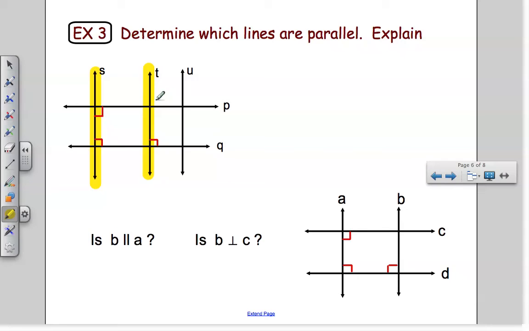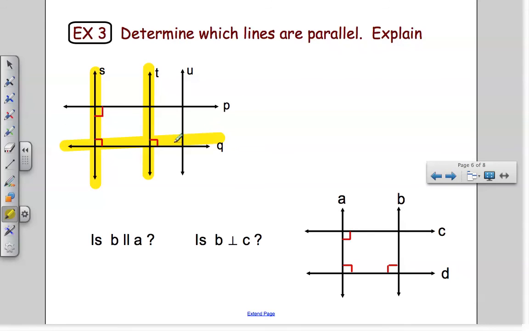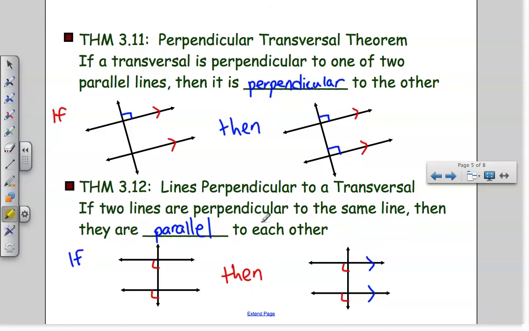Now, is one of these transversals, either P or Q, perpendicular to both? If you notice with line P here, I only have one right angle given. But with line Q, check it out. Q is perpendicular to both S and T. Now this one line is perpendicular to both. Look at that. Two lines perpendicular to the same line. These two lines are both perpendicular to Q. Therefore, they are parallel to each other.